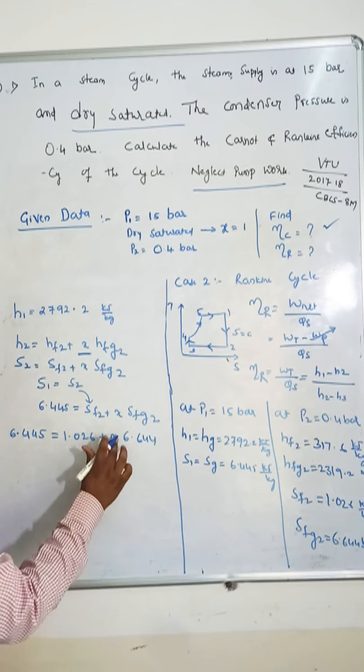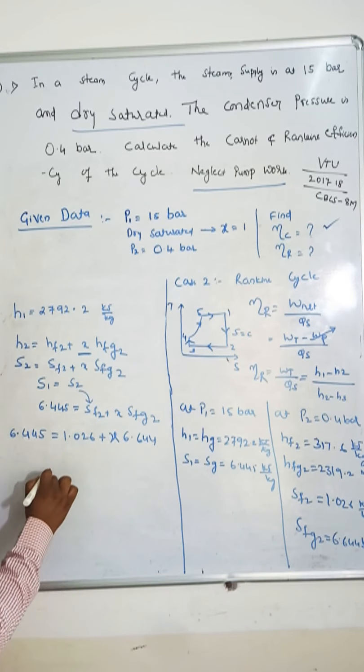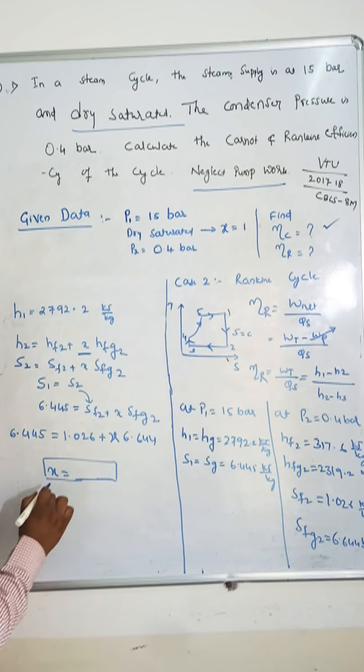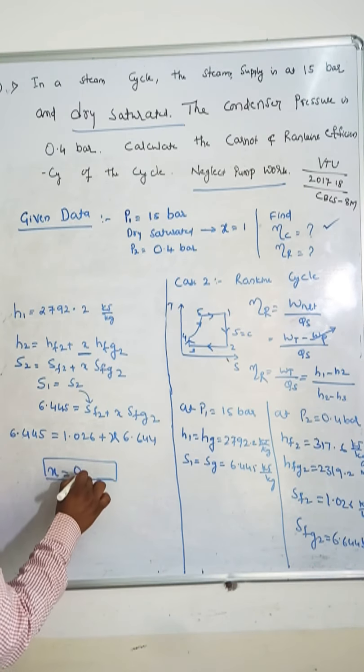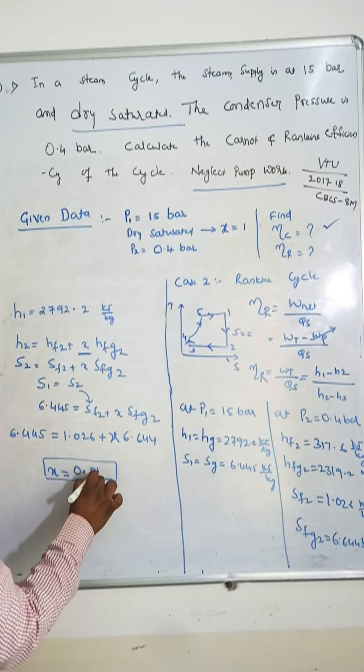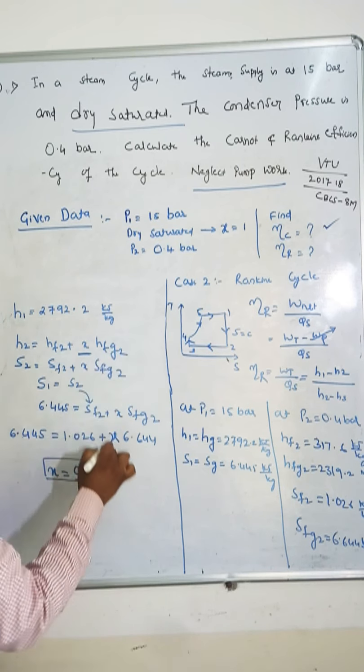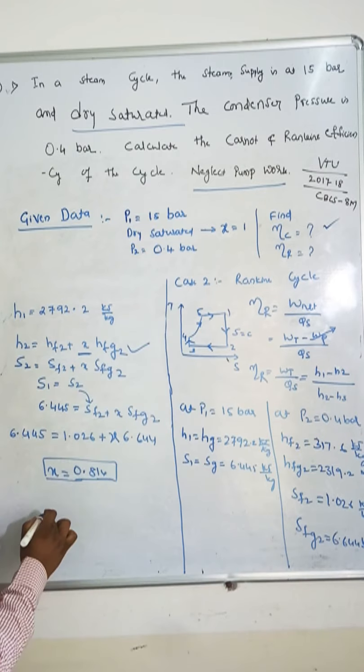So you can find out this value because you know the values. How much value is it? Just calculate and tell me, or solve on your own. The x value I got, I hope you also got this, is 0.814.